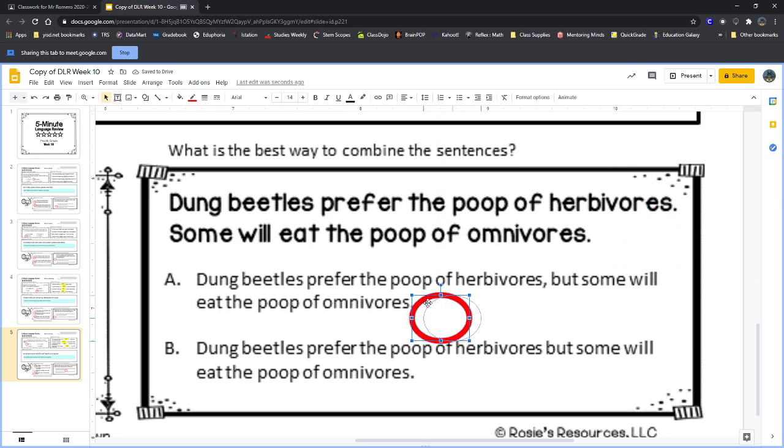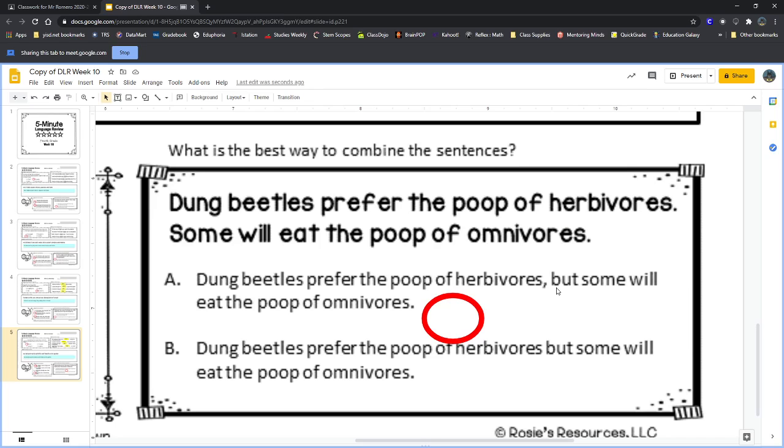They look almost exactly the same. Answer choice B says dung beetles prefer the poop of herbivores, and then there's no comma. Answer choice A has a comma.